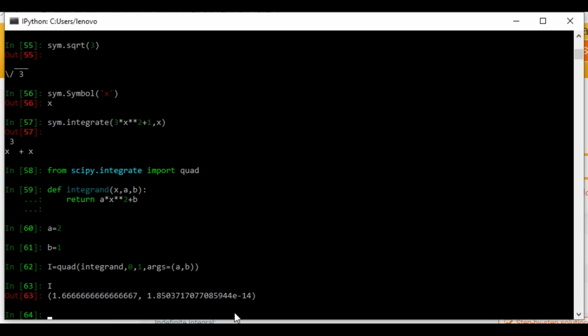The first value is 1.6667. That is the numerical solution of the integral from 0 to 1 of 2x square plus 1 that we have found. I think with that we can stop today.